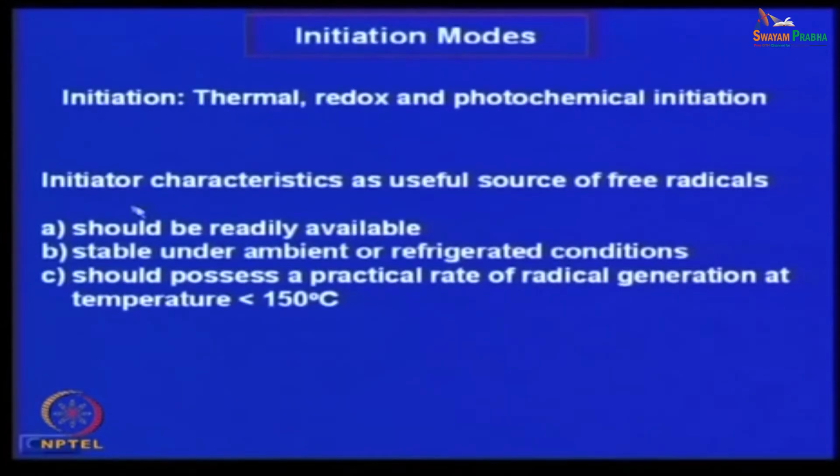Now, initiator characteristics: it should be readily available, should be stable under ambient or refrigerated conditions so that the initiator does not start decomposing, and should possess a practical rate of radical generation at temperatures less than 150 degrees Celsius.